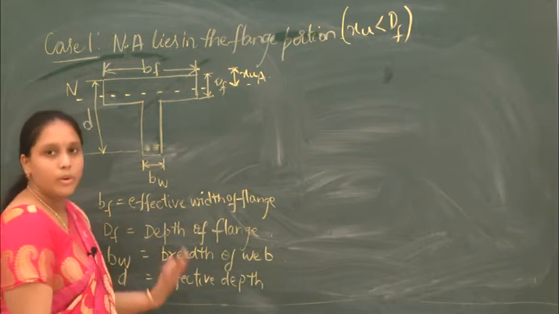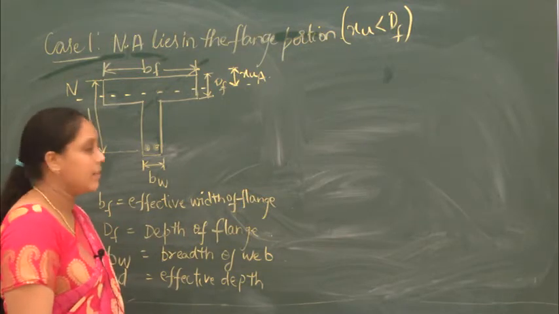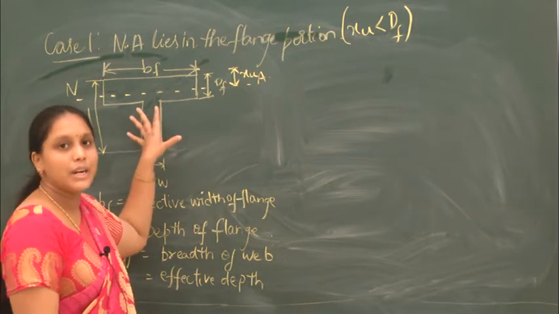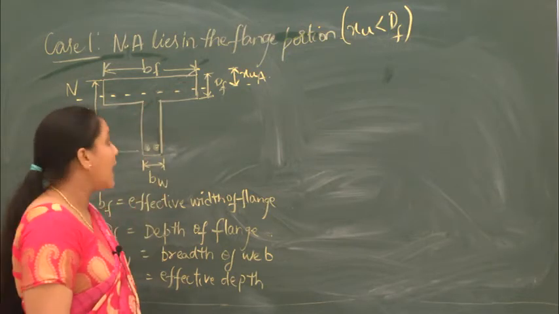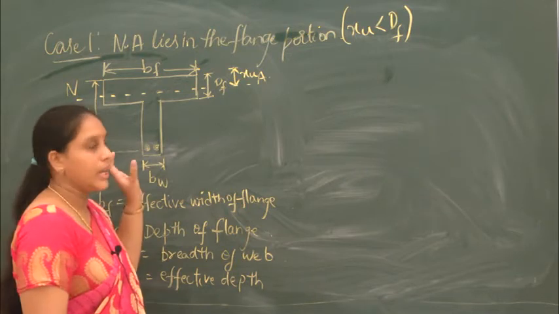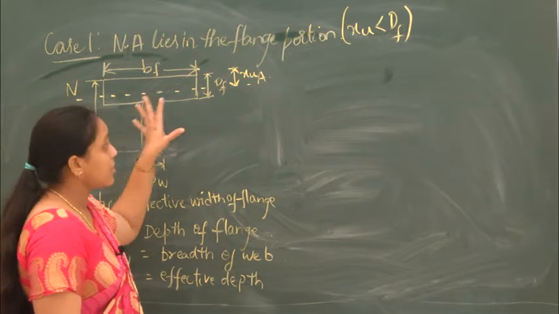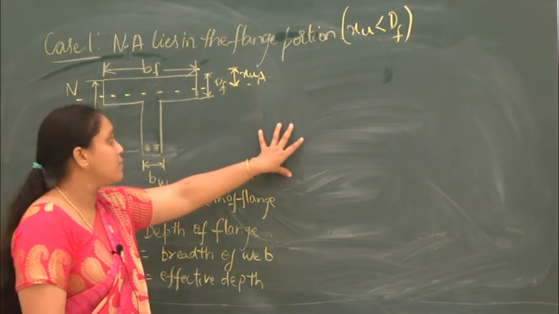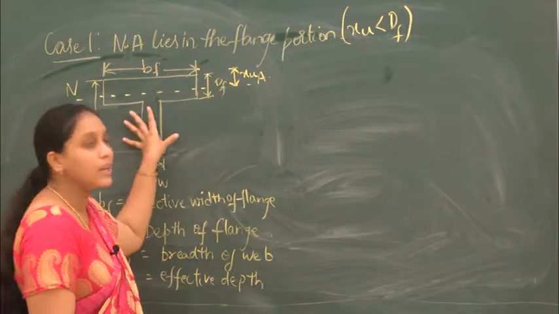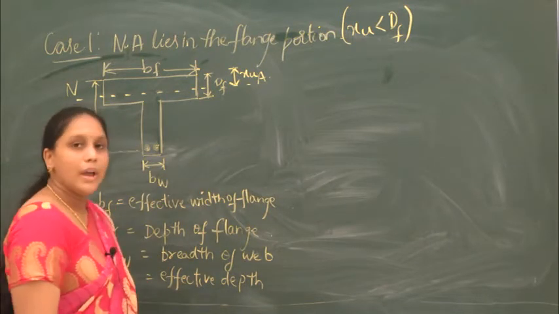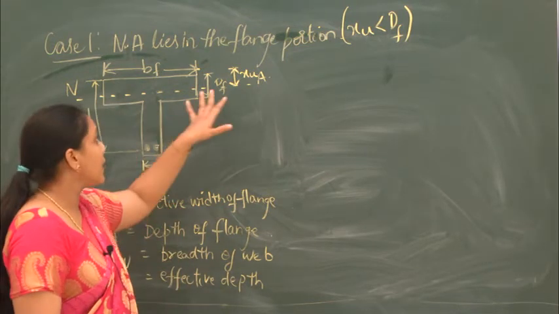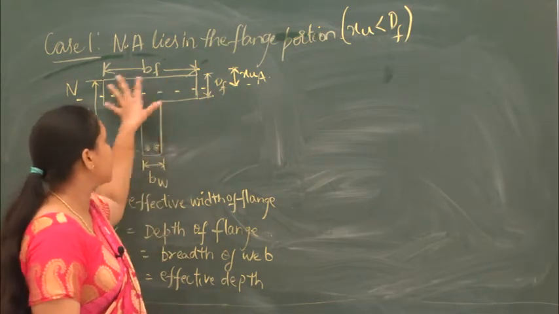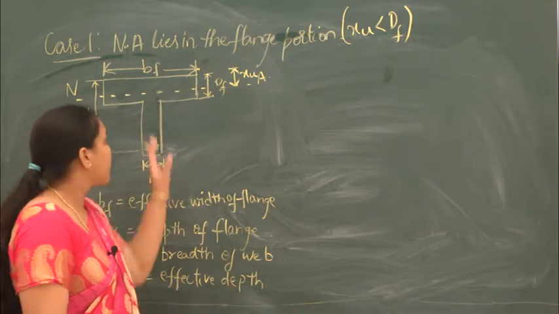Now we have to analyze this particular flanged section. For that reason, I am drawing the stress block for this particular section. We have already learned how to draw the stress block. Where is the neutral axis lying? The neutral axis is lying in this particular flange part.